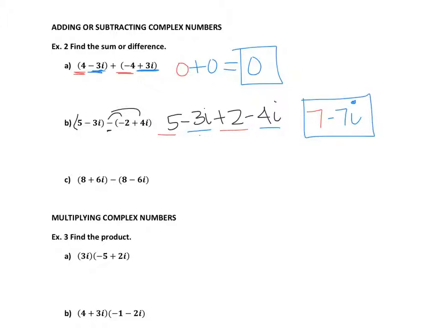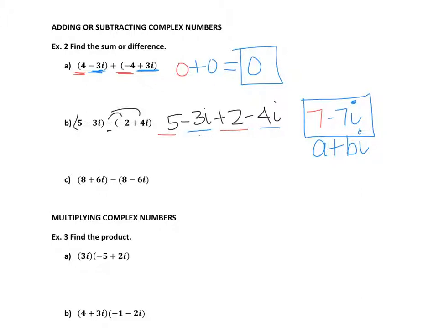Now you always want to make sure that it's in a plus bi form. So if your i comes first, you need to switch it and make sure that it is put in a plus bi form. If it's not, you're going to lose points on your homework, your quizzes, and your tests. So make sure you get into the habit now of putting them in the correct order.